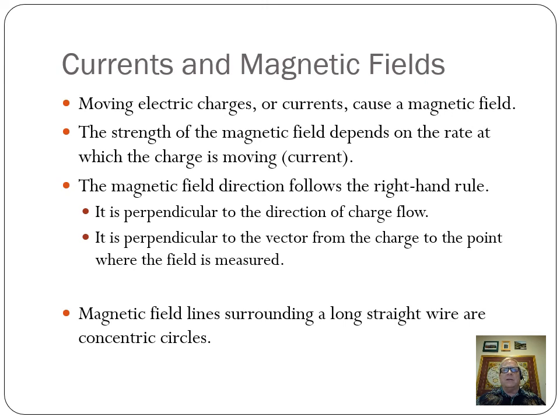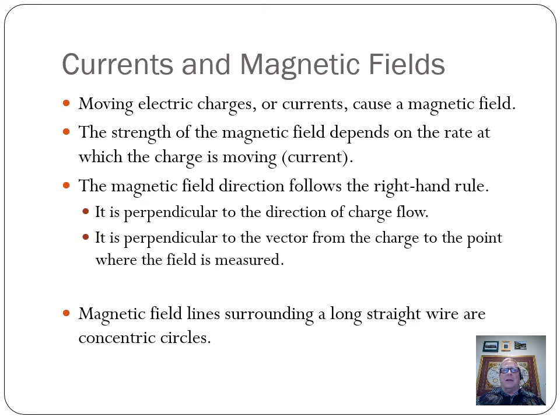When the charges were flowing up in the wires, we saw a magnetic field get produced in the plane of the tangent galvanometer. And it's also perpendicular to the vector from where the charges are located to where the field is being measured. And we'll talk more about that in the next section.